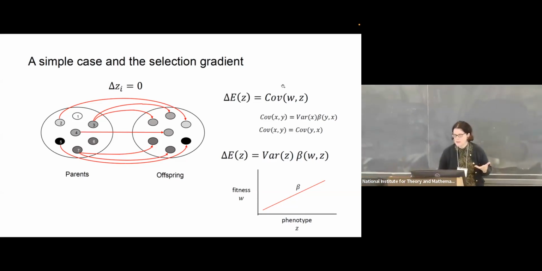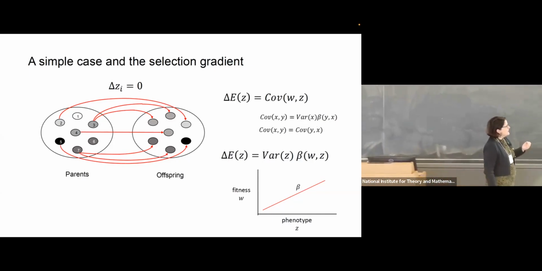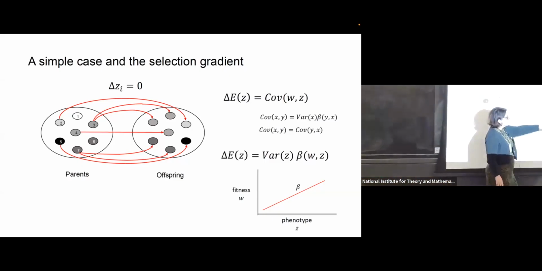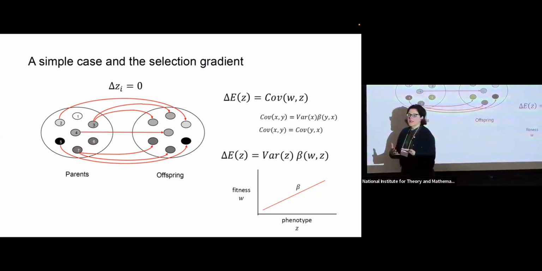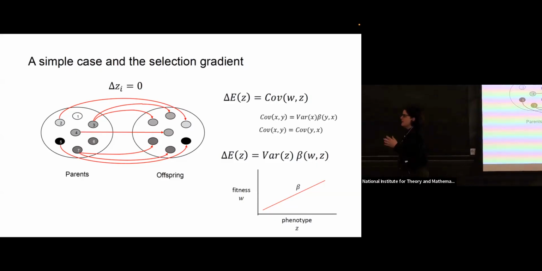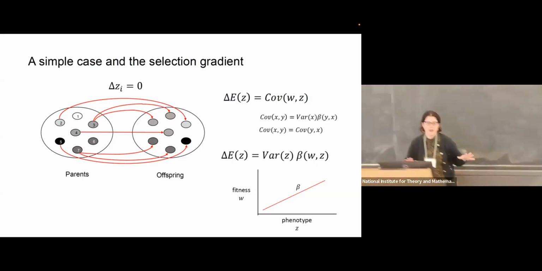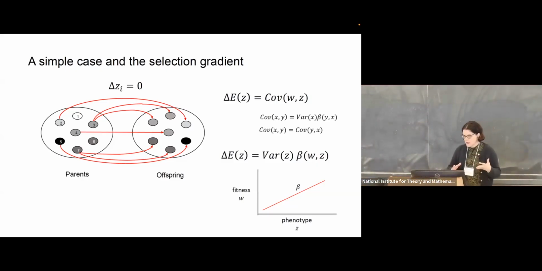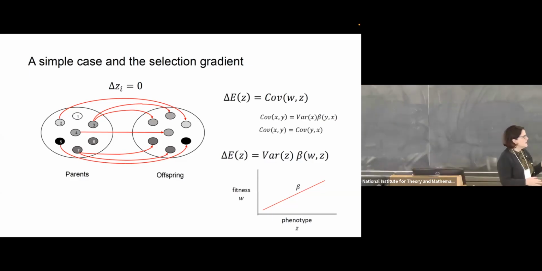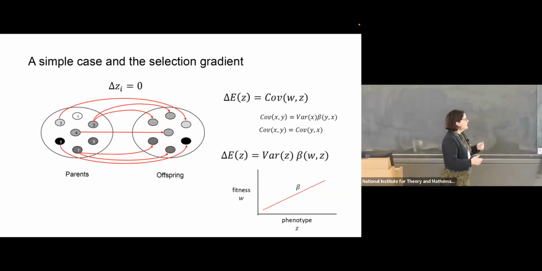Of course, we can rewrite covariance in lots of ways. One of the many ways is as a product of the variance and the regression coefficient, which is what's happening here. And then this is a version of the Price equation that evolutionary biologists use a lot when they're talking about fitness surfaces in a very general way. So what we have here is a relationship between some measure of fitness and some phenotype Z. And let's say that the fitness is a linear function of the phenotype.